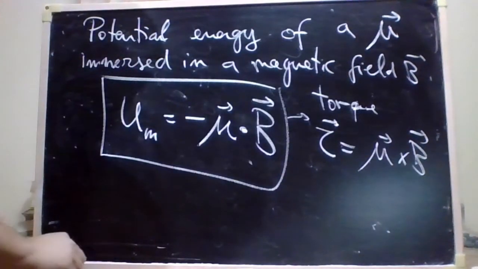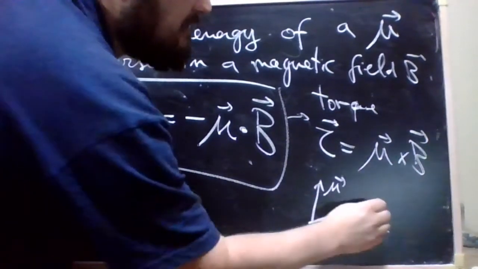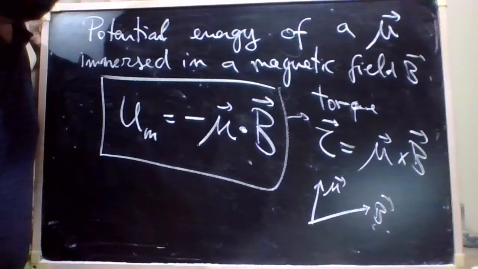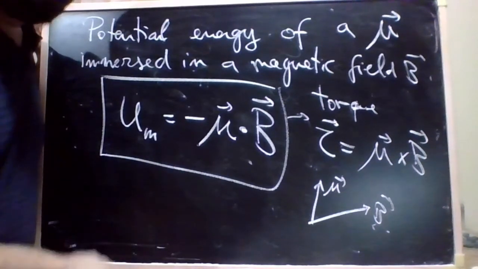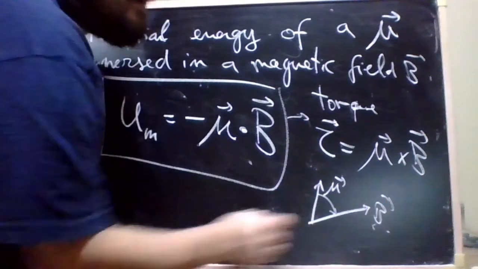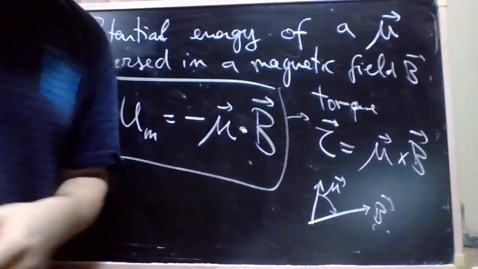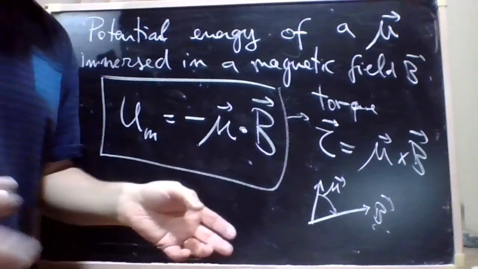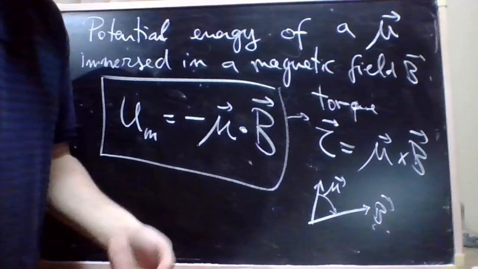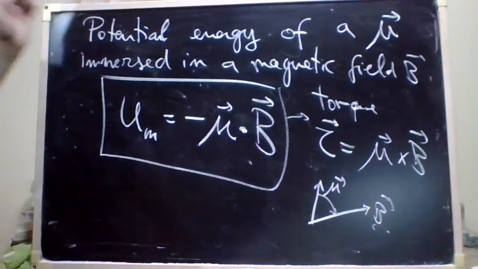So if you put a magnetic dipole oriented this way and a magnetic field oriented this way, if you allow damping factors, which correspond to attenuation, to losses, this thing will rotate till it finds the direction of B. You can do that experiment using a magnetic needle in the magnetic field of the Earth. If you take the needle out of the equilibrium position, it will return to it.